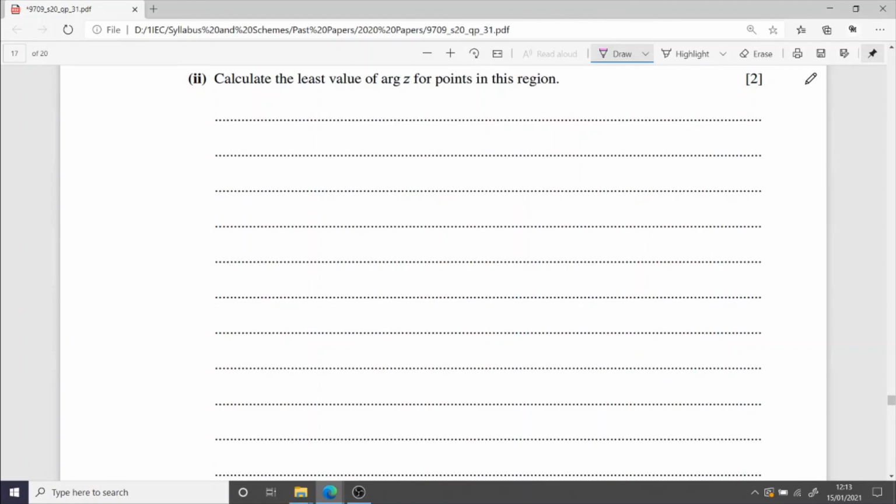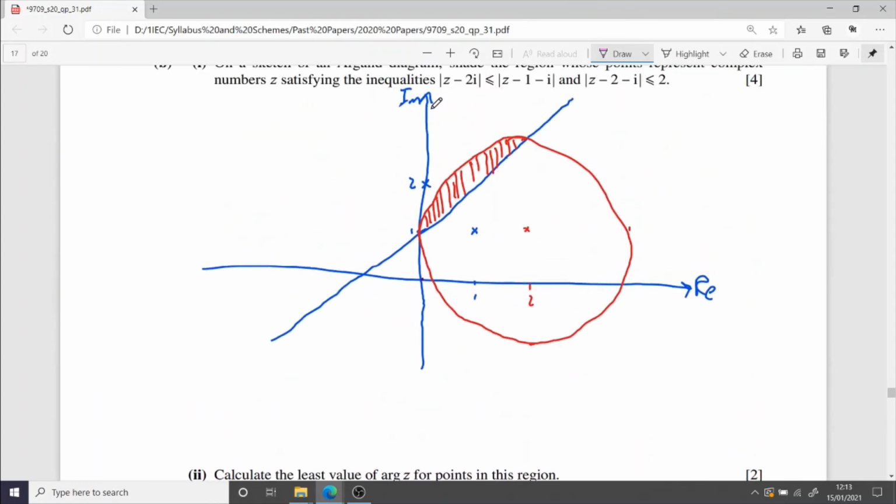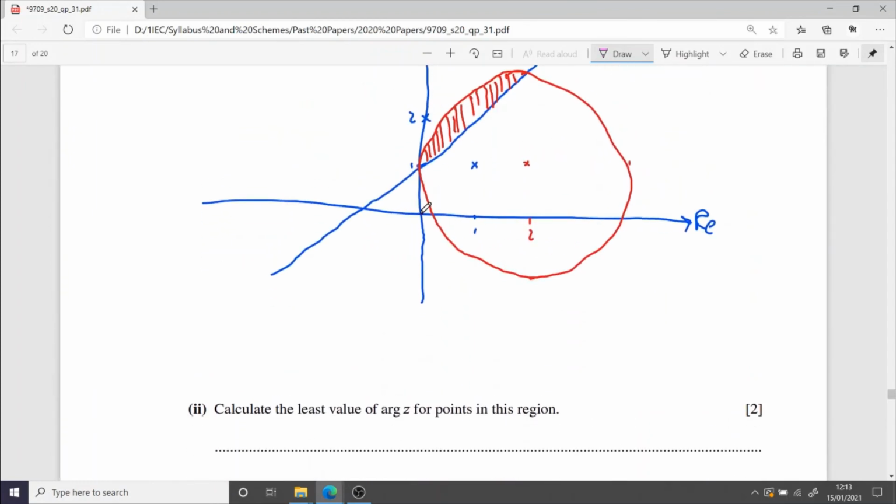Our final question asks us to find the least value of the argument of z for points within that region. So z represents any number coming from the origin here to any point in that region. So the complex number z with the smallest argument is the one with the smallest angle it makes with the real axis.